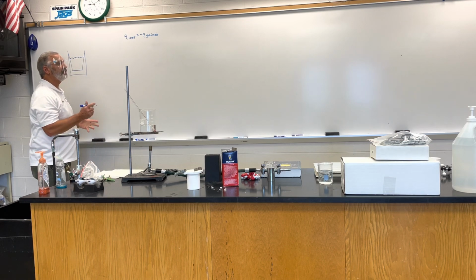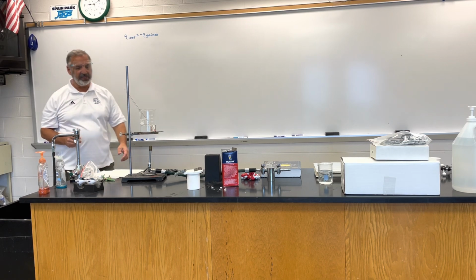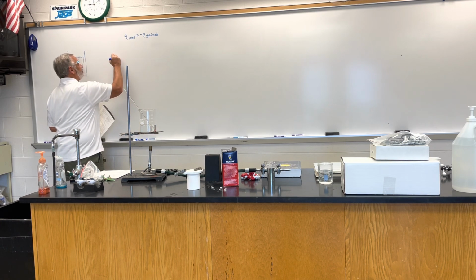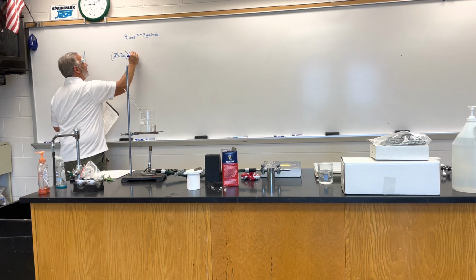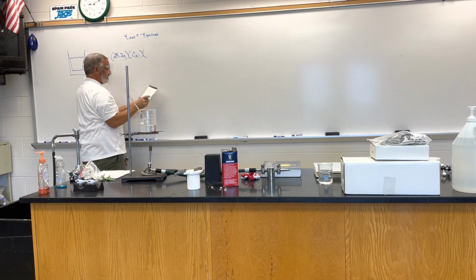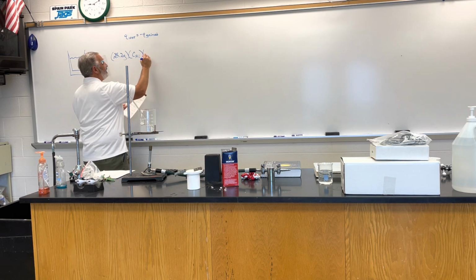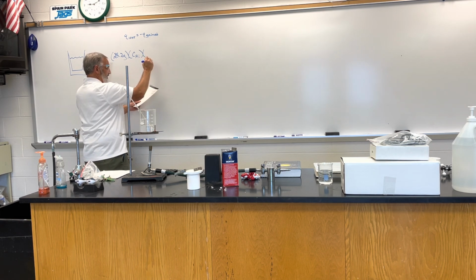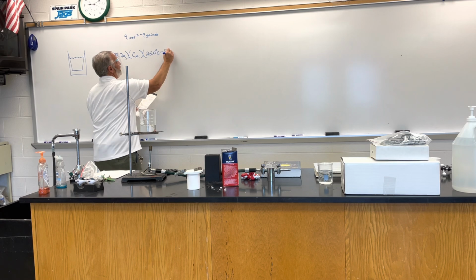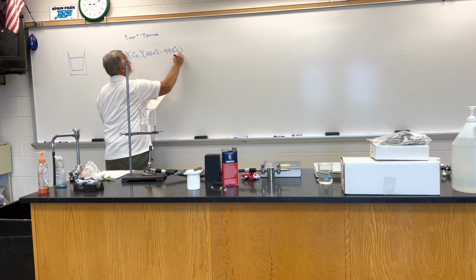So when you go through and look, it says that we have a 28.2 gram sample of nickel. So 28.2 grams of nickel. The specific heat of the nickel is what we're looking for. And the delta T is always going to be final minus initial, and it ends at 25 degrees minus the initial of 99.8 degrees Celsius.